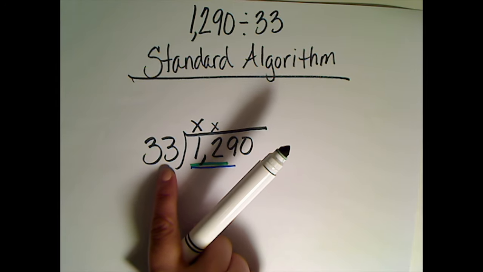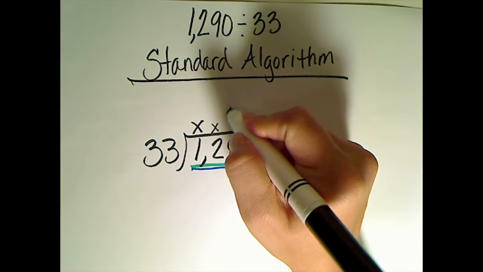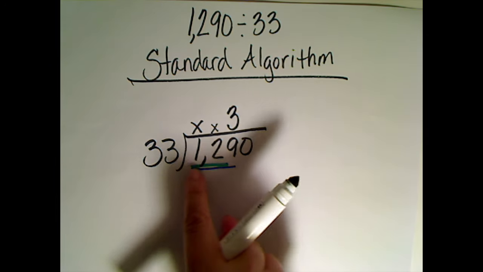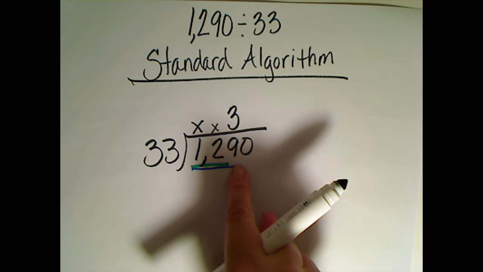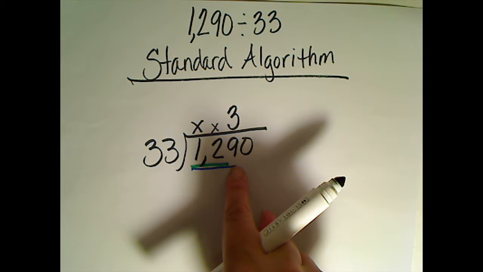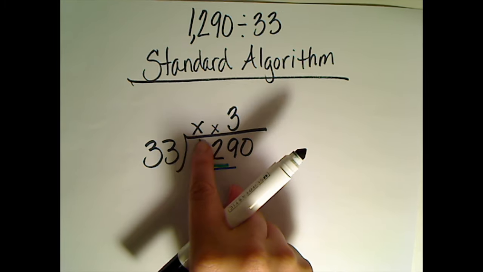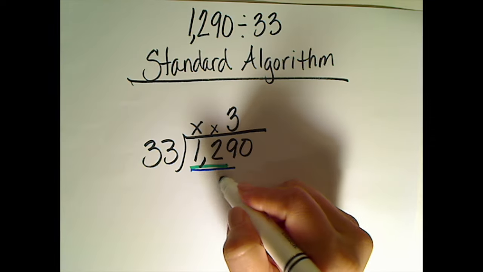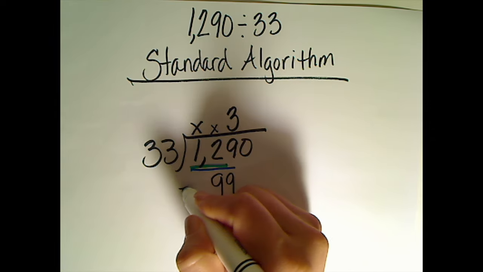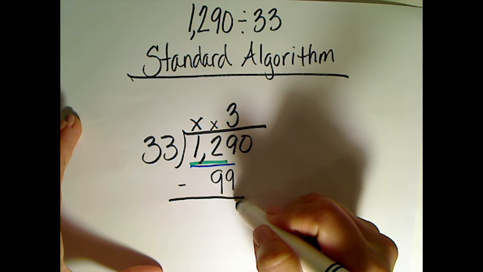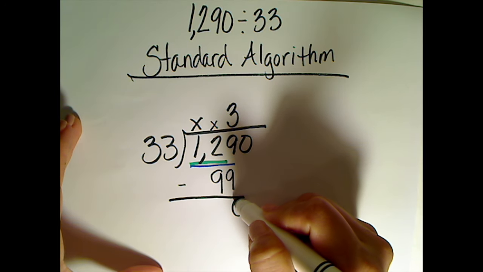So let's go down. So we would put a 3 right here. 3 times 33 is 99. So let's see what happens. We'll get a 0.